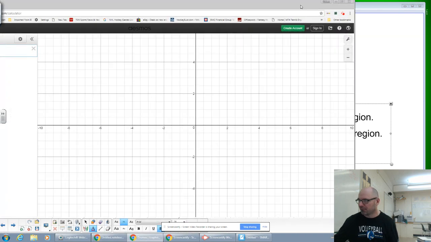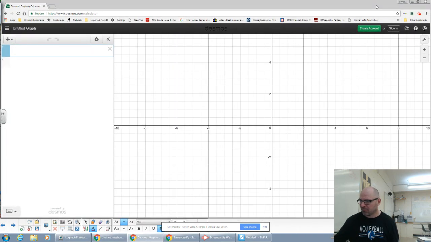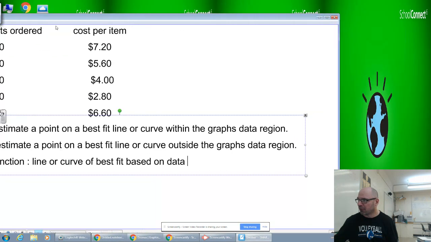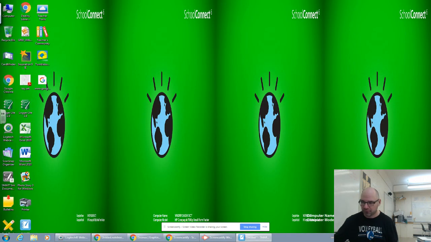There's Desmos. Okay, we're looking at our table of data. Actually, I need my table of data on my other screen. You guys can look back in your notebook, but I cannot do that here, so let's shrink this down and put that over here so I can see it.